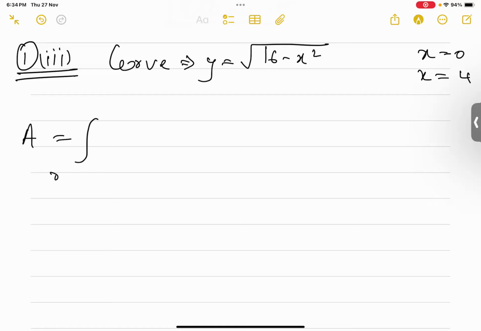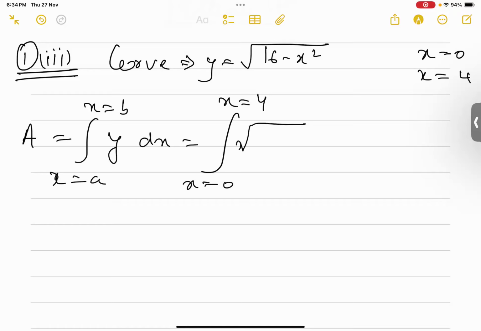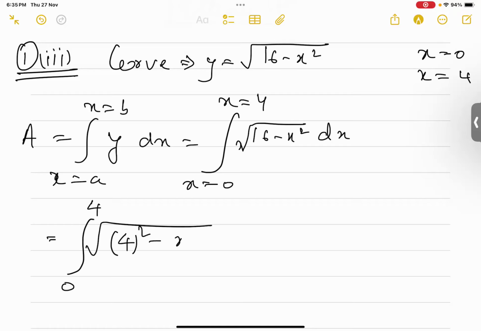So area, the first formula: 0 to 4, 4 square minus x square. So this is a and this is x.